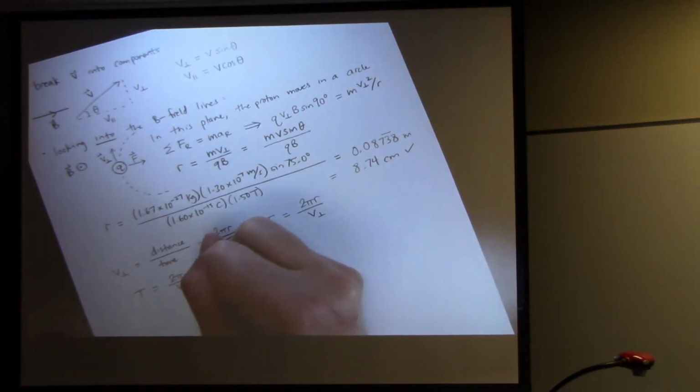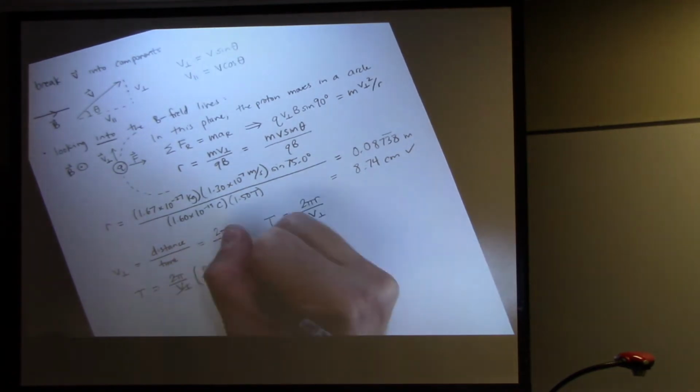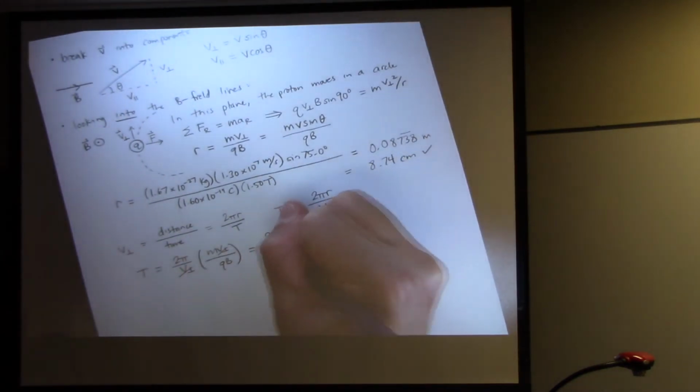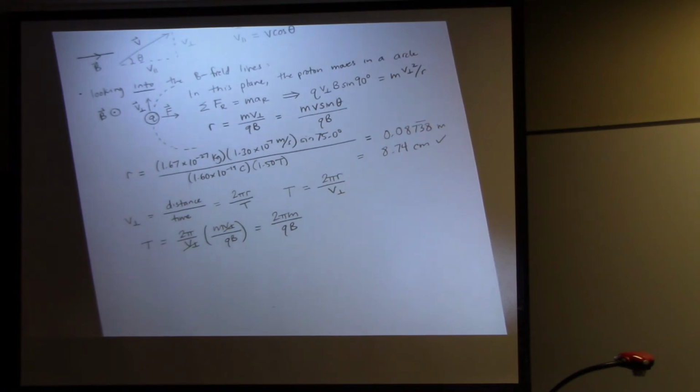It's m V perpendicular divided by qB. Cancel out V perpendicular. What do we get? 2 pi m over qB. So it actually has the same exact period that we derived before, 2 pi m over qB. We're going to use that.